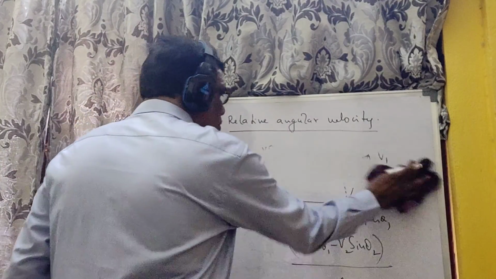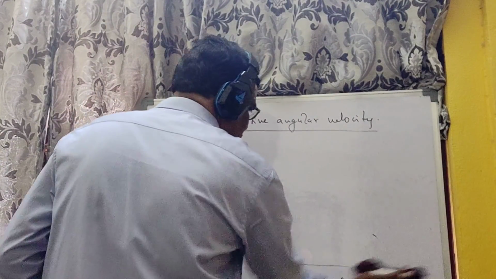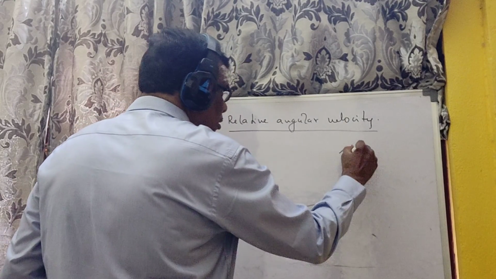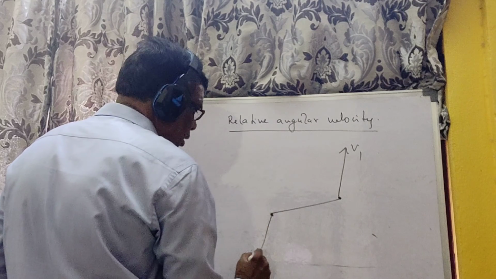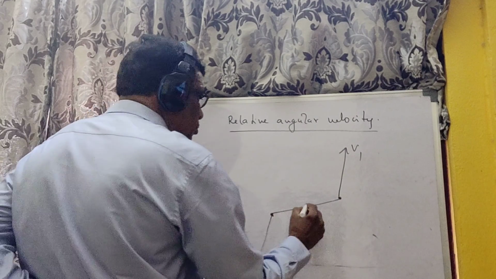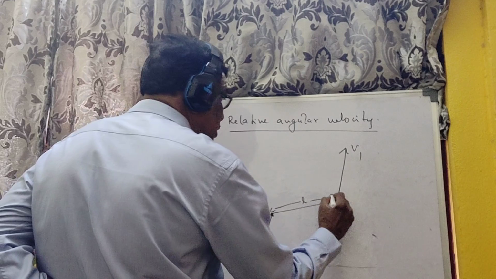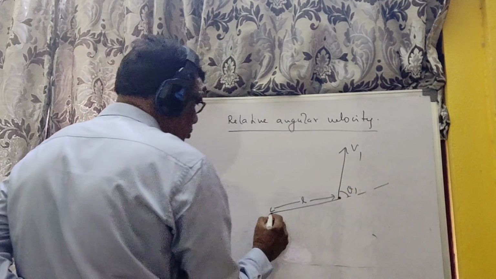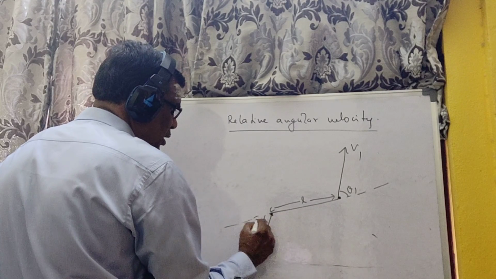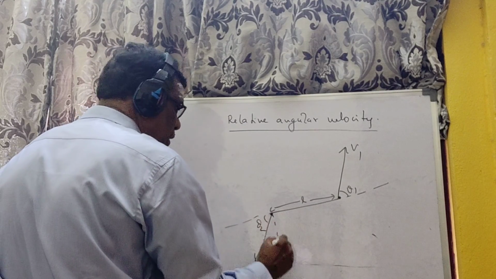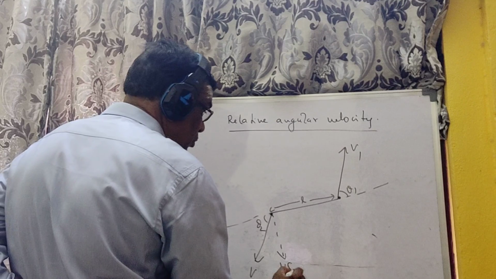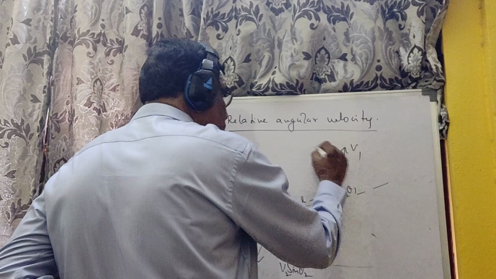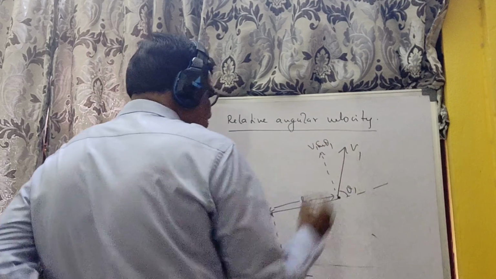Okay. Now, I'll give you yet another example. Now, this is how it is. V1, say this is V2. Now, as before, this is L, this is theta 1, this is theta 2. So, you have V2 sin theta 2. Here it is V1 sin theta 1.